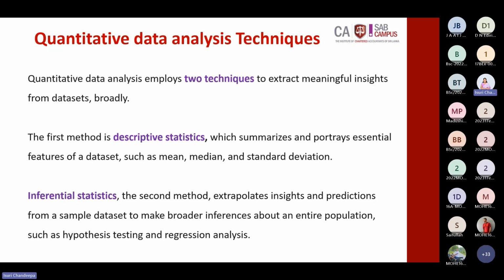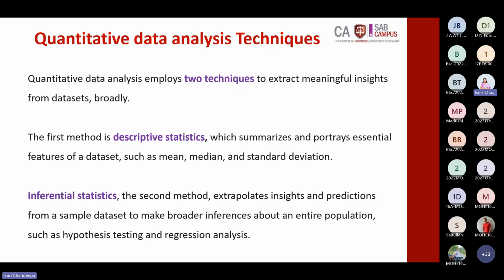Descriptive statistics summarize and describe your data set. If you are running a quantitative analysis, first you need to run the descriptive statistics. You need to show the mean, median, mode, and standard deviation of your data set.